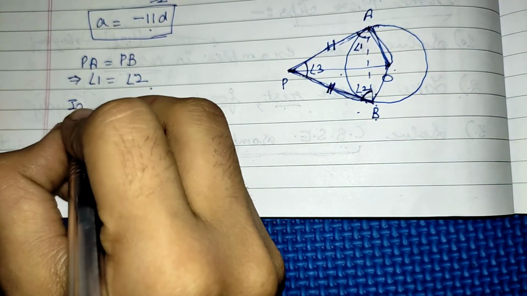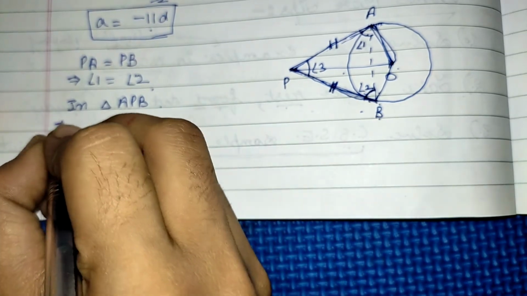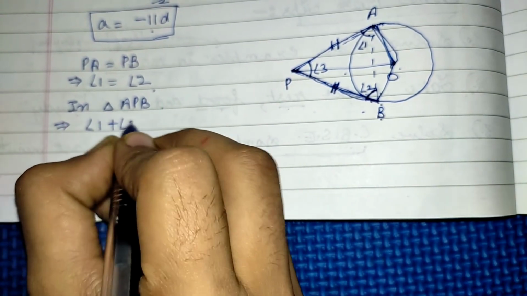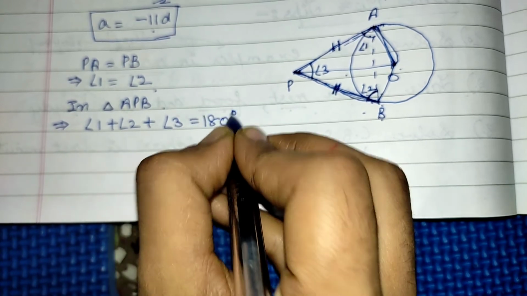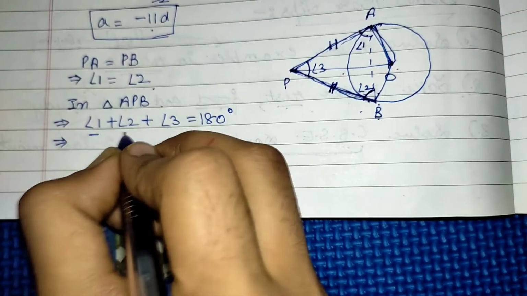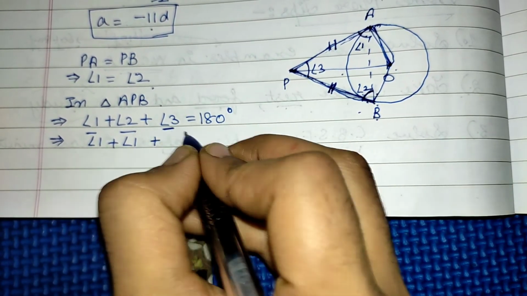Now, using the triangle sum property, in triangle APB, angle 1 plus angle 2 plus angle 3 will be equal to 180 degrees. So this is also angle 1 and this is angle 1, plus angle 3.